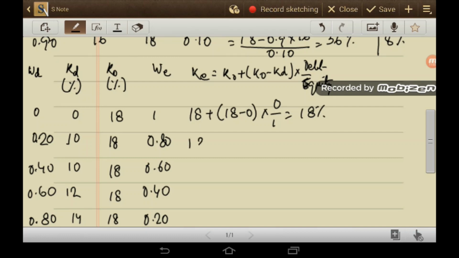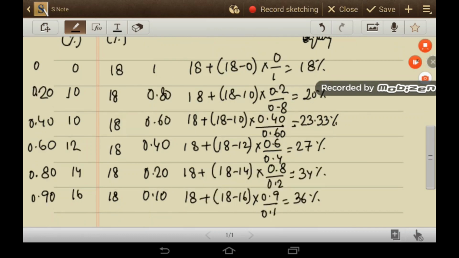Next one, 18 plus 18 minus 10 into 0.2 by 0.8, this will be 20%. So the next one will be 23.3%, 27%, 34 and 36%.